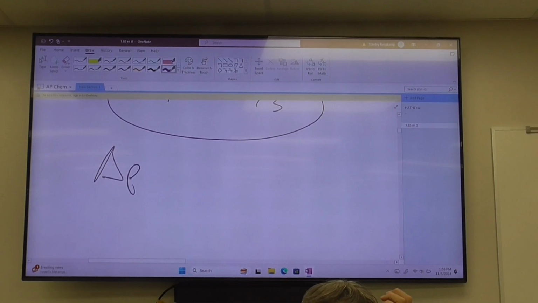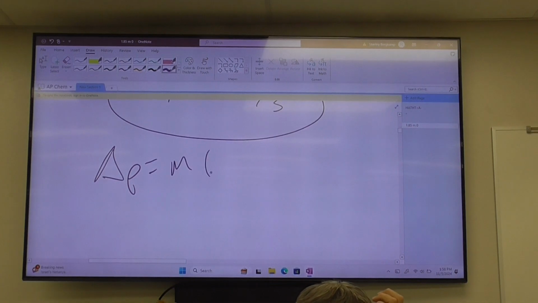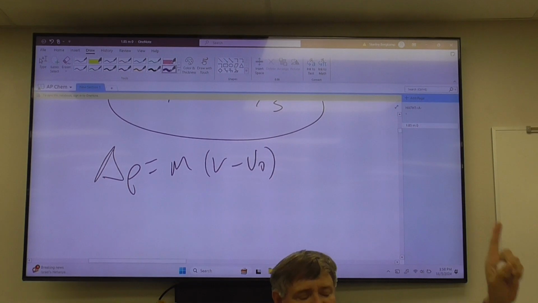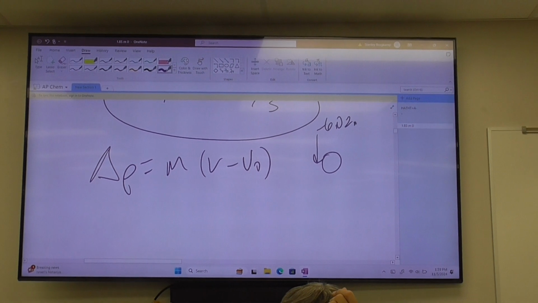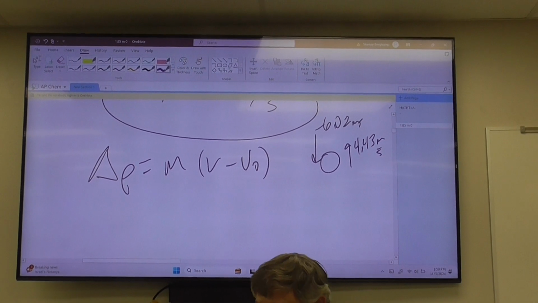Okay, so change in momentum is mass times V minus V naught. Now, this is the trickiest part of this problem that I'm about to go through right now. So, here's this interaction with the ground. It comes in at negative 6.02 meters per second, but it leaves at 4.43 meters per second.